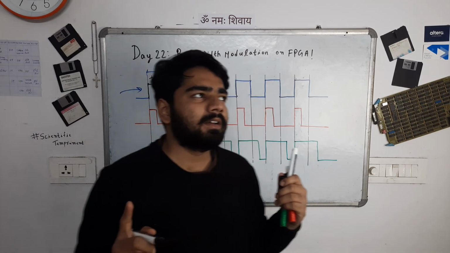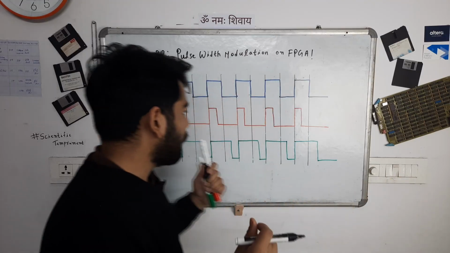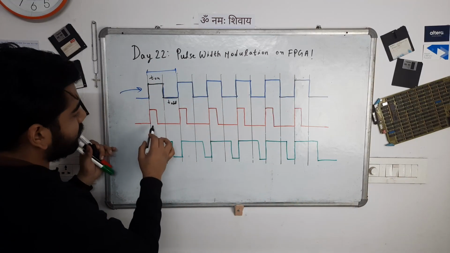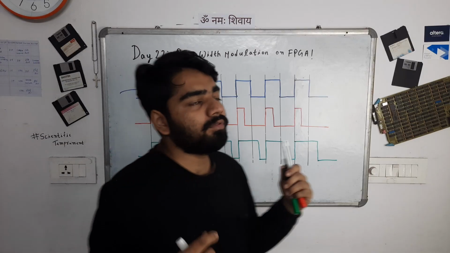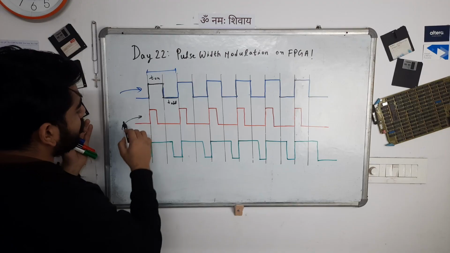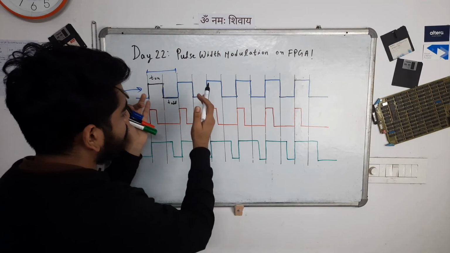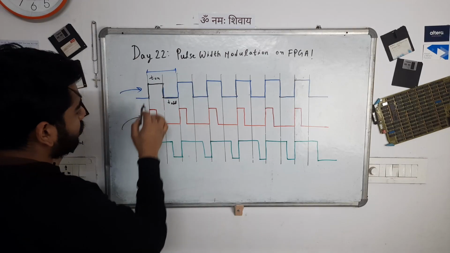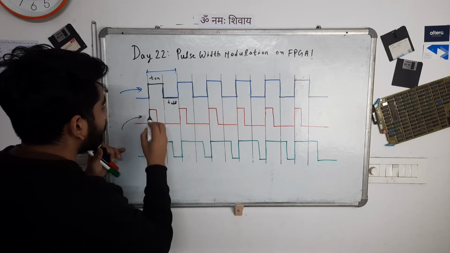But when we vary the width of the pulse, we can generate these kinds of waves. Now many of the people will have the confusion in frequency of these kinds of waves. If you see these signals in reference to the square wave, you will see that the frequency is exactly the same for both signals. Both signals are repeat after the same time period.